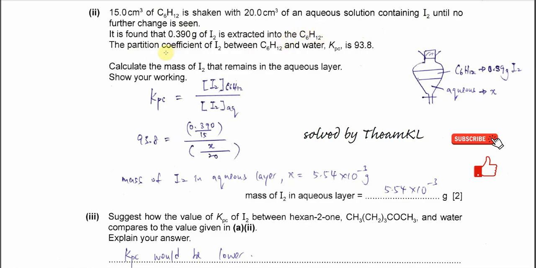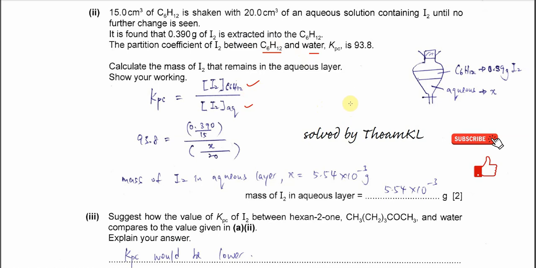After that, the partition coefficient between the cyclohexane and water is given, which is 93.8. When they tell you it's between the first solvent and the second solvent, the first solvent is always on top and the second solvent is always below.